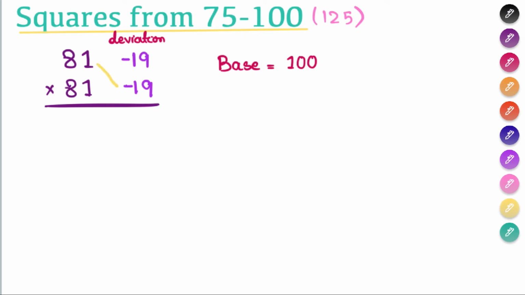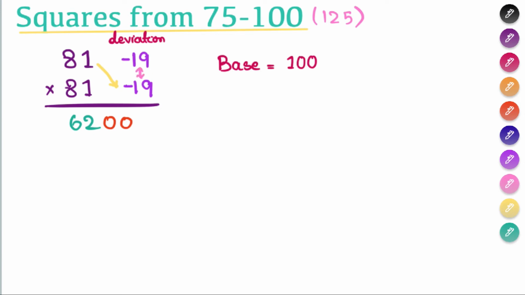We perform this operation, 81 minus 19, that will give us 62. Then since we multiply the base with 62, that is 6200. Then the final step is that we multiply the deviations.